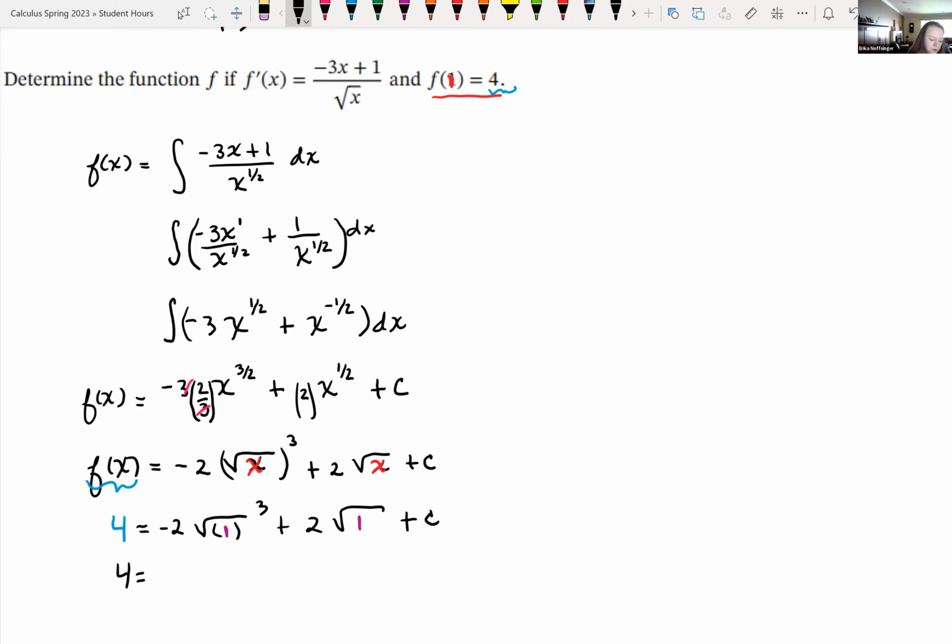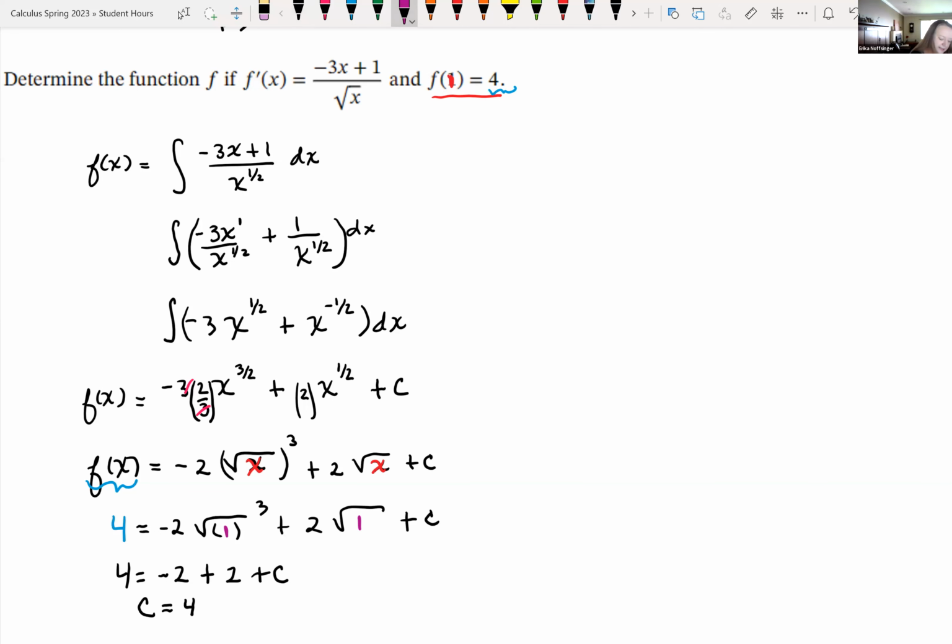So we have 4 is equal to, well, the square root of 1 is 1, 1 cubed is 1, times the -2 out front gives me -2. Plus 2 times the square root of 1, the square root of 1 is 1, so 2 times 1 is 2, plus C. Well, 2 minus 2, those cancel on the right-hand side, so we're left with what C is. C is equal to 4.